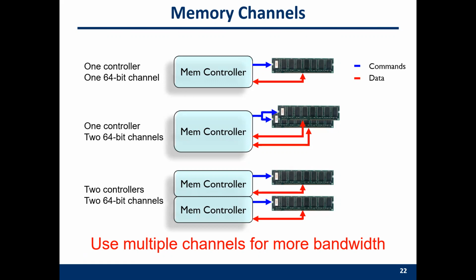Either you have an independent single memory controller, which can manage one DIMM in one DRAM channel. You have a command bus and then a data bus. Because the data bus is always the bottleneck.